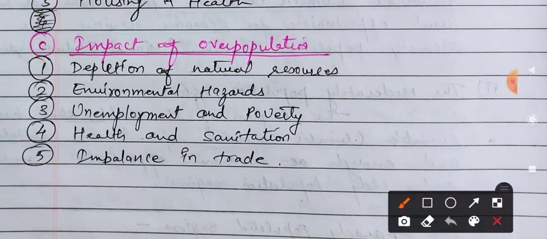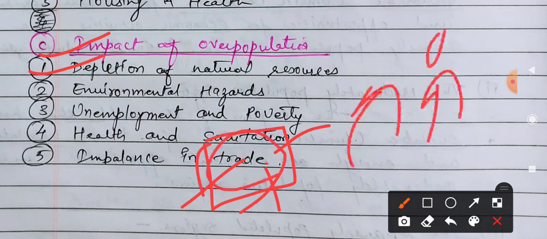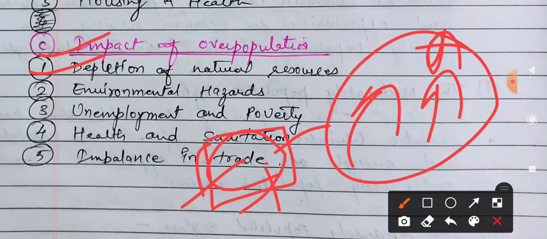Now the impact. What are the impacts of overpopulation in India? So first is depletion of natural resources. Just because the land area is limited, and in the land area, like gold, silver, the plants, animals, these all are limited, but the population is increasing. So it is depleting faster.